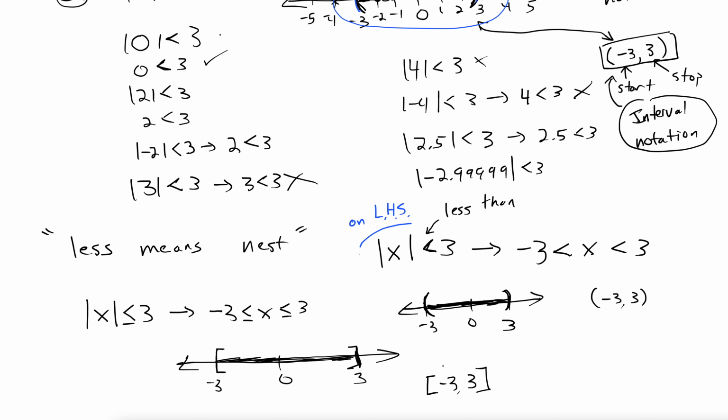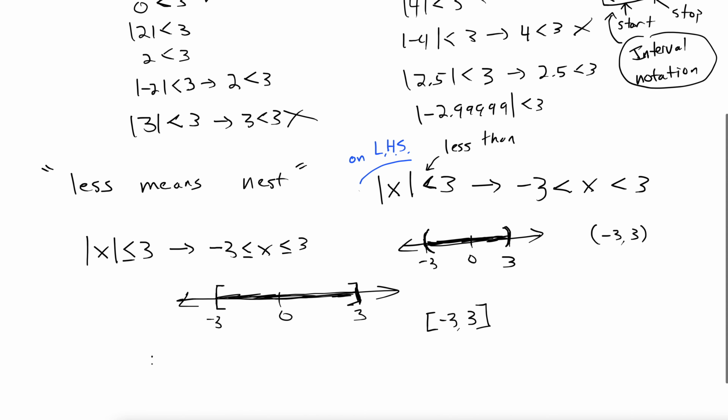Less means nest. All of them work this way. So in general, absolute value of x less than some number c means we nest it between negative c less than x less than positive c.